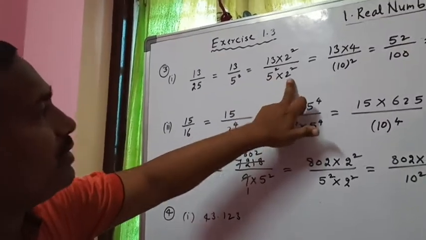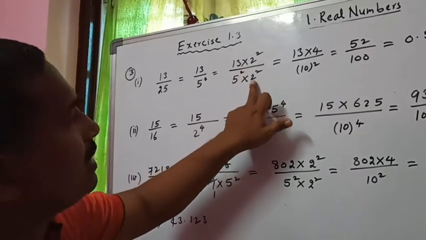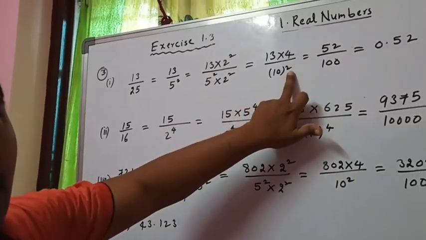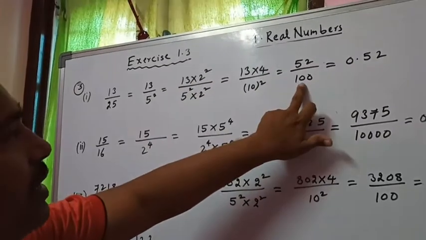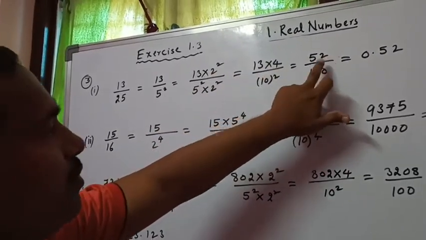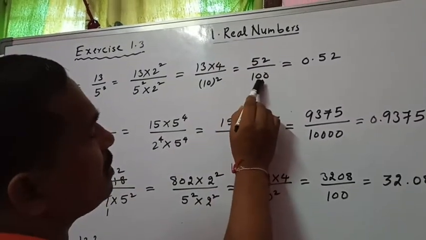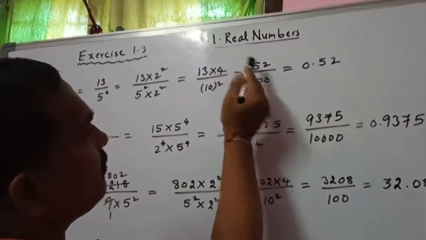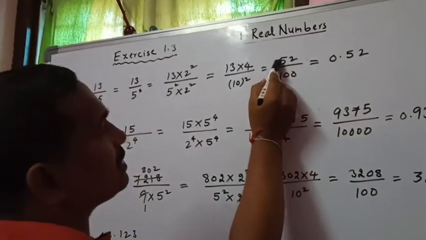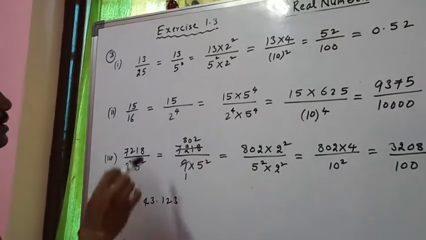Now 5 square into 2 square is 5 into 2 whole square, 5 into 2 is 10, 10 square is 100. Here 2 square is 4, 13 fours are 52 by 100. So the denominator has 2 zeros, so from right to left, 2 digits before the point: 0.52. Okay.